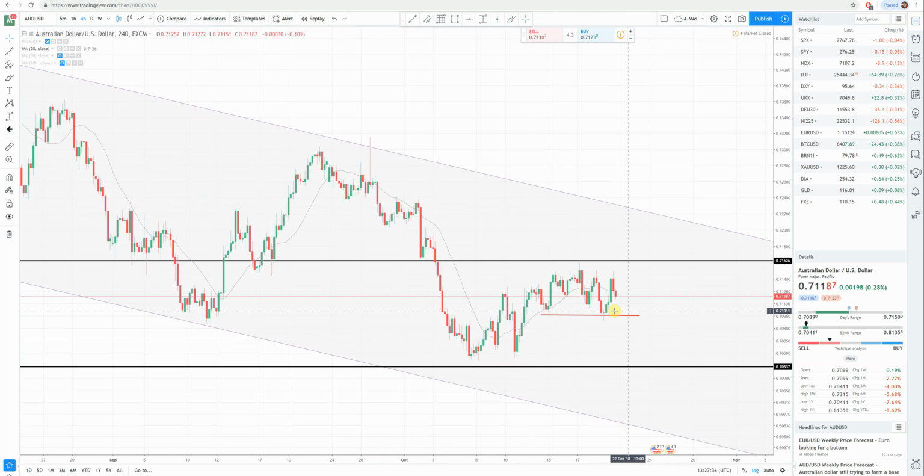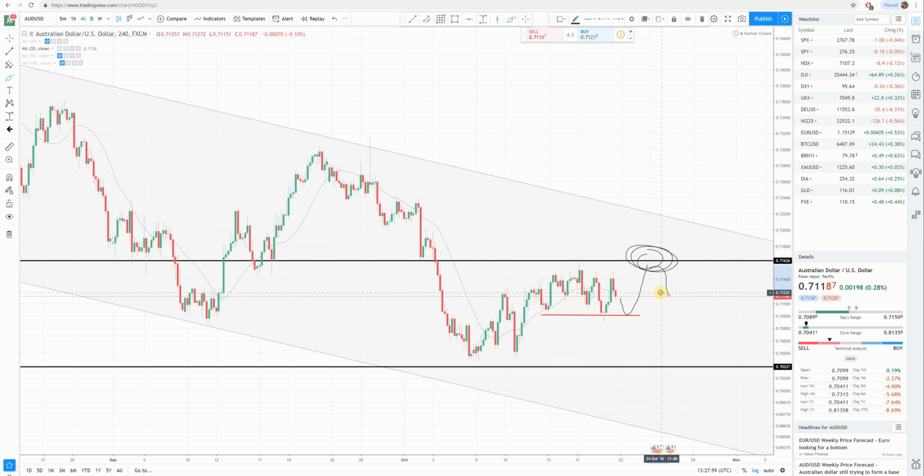This is actually a support zone, which is why I am waiting for either this to go back here and then go back to the resistance zone, and let's see what it does at that point.